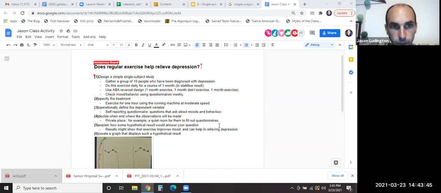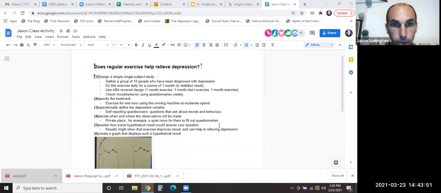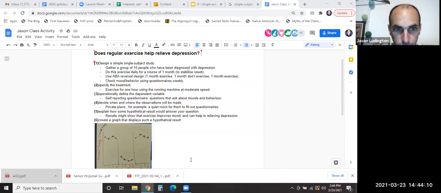Right. Okay. So depression, we could even say depression scores, which are both a mood and a behavior. All right. Yeah. So observations are done in a quiet room with a questionnaire, and results show that exercise improves mood.